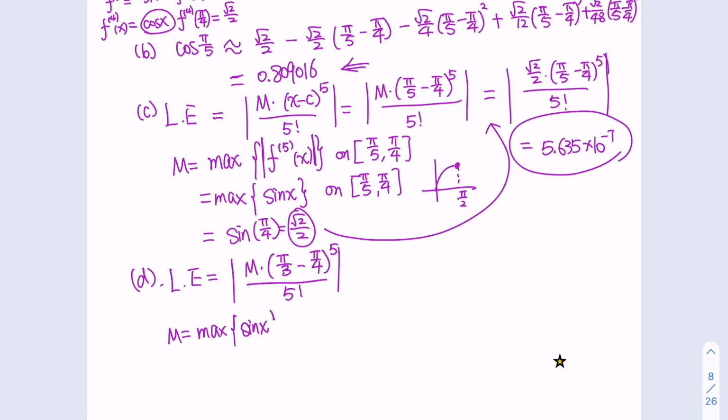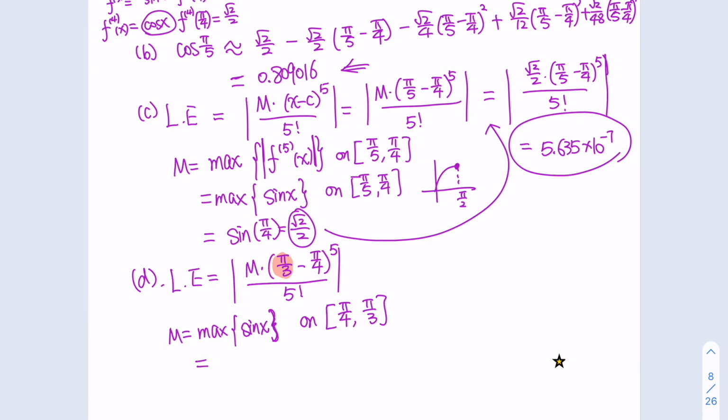However, in this case, the boundary will be from pi over 4 to pi over 3, because x in this case is pi over 3 and the center is pi over 4. So the maximum value will give us sine of pi over 3, which is square root of 3 over 2.